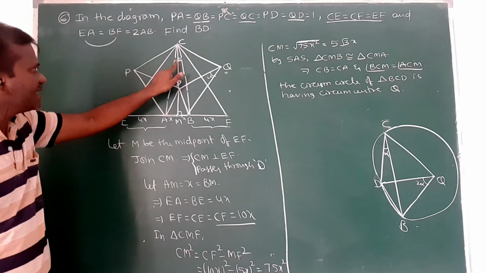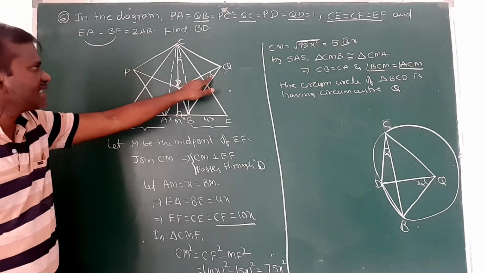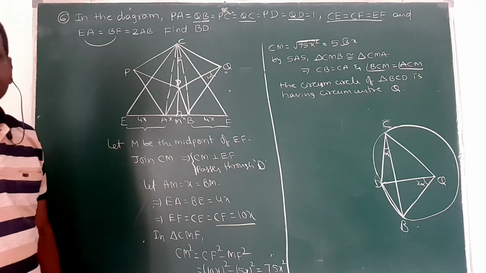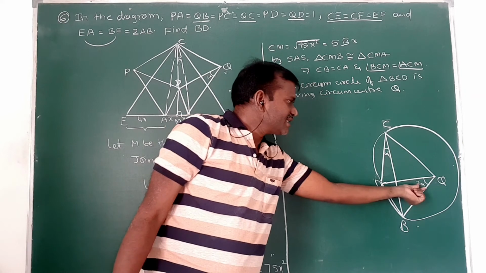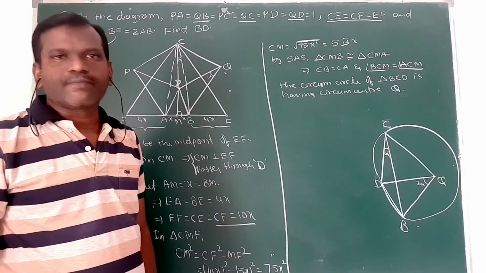Since this is alpha, these two angles are equal, this total angle is 2 alpha here. That is the important point you have to remember: a chord that makes an angle alpha at the circumference makes twice that at the center. That is the circle property.